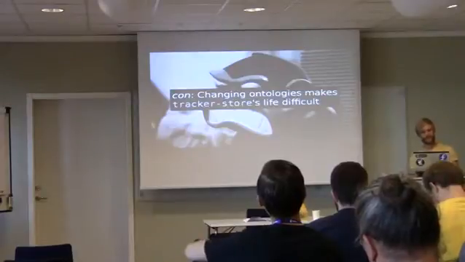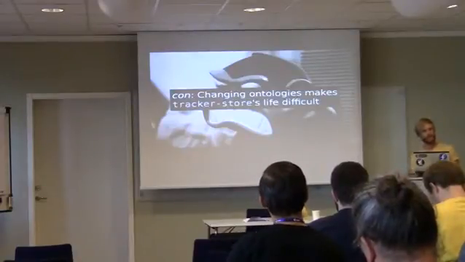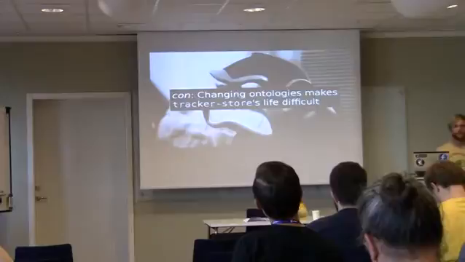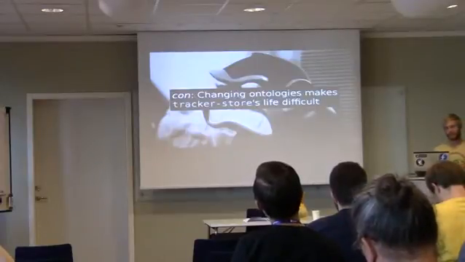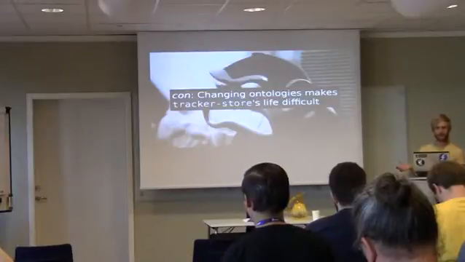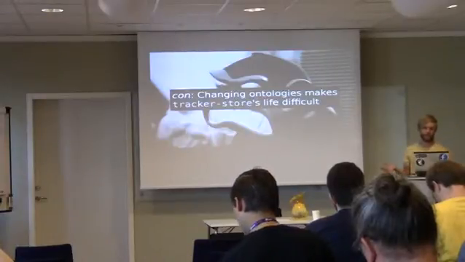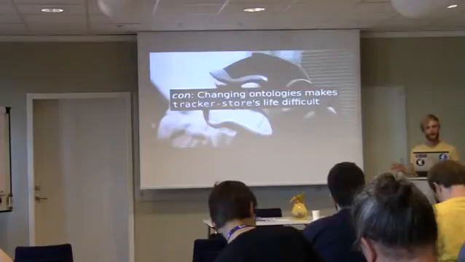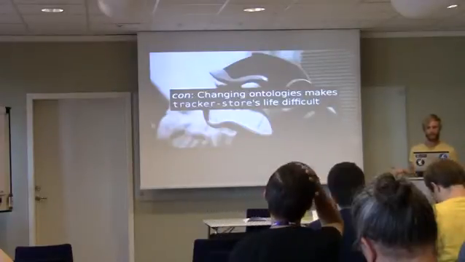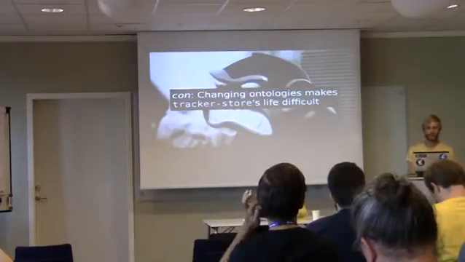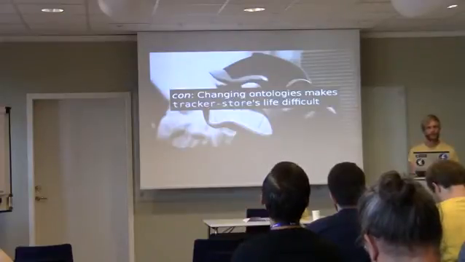Once it processes that update to the schema, which one does it pick? There's no real way of knowing which value of a multi-valued property is the right one. And so I think what the Tracker store would do in that case is refuse to do the migration and say, well, actually, I don't want to change the schema in that way. And that's basically a consequence of the way it's designed.